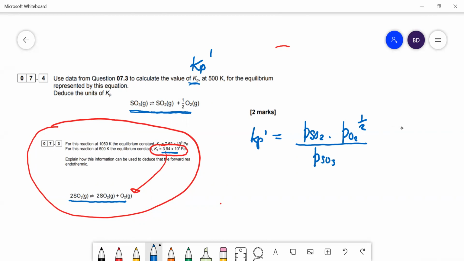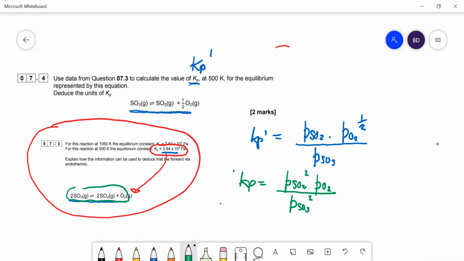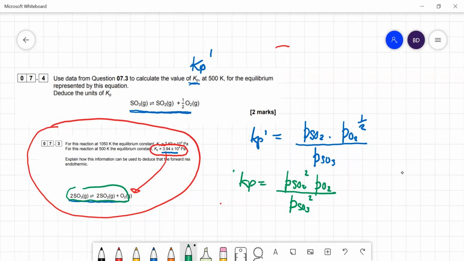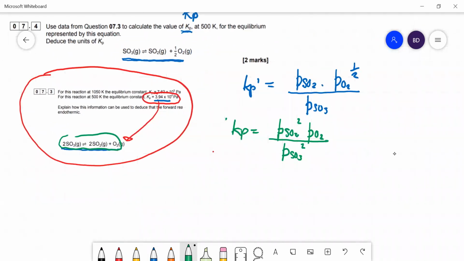Now you can see that the original Kp, I'll do this in green, I won't call it Kp dash, just Kp, is SO2 squared times O2, over the partial pressure of SO3 squared. So you can see this new blue Kp, the Kp dashed, is actually the square root of the original Kp, the green Kp.